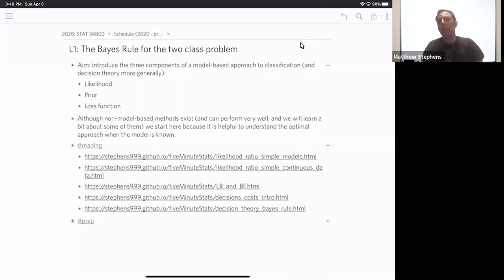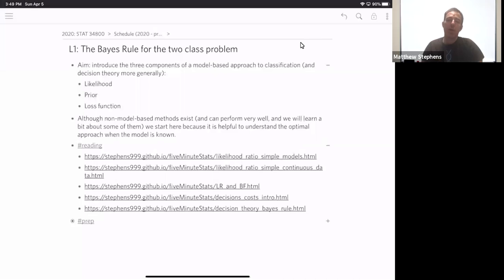But when you then come to decide whether an email should actually be put in the inbox or in the spam folder, there are more things to consider than just whether the email, based on its words, looks like spam or looks like ham. So there are actually two other components to the decision problem. The first is, well, what proportion of emails are spam versus ham?